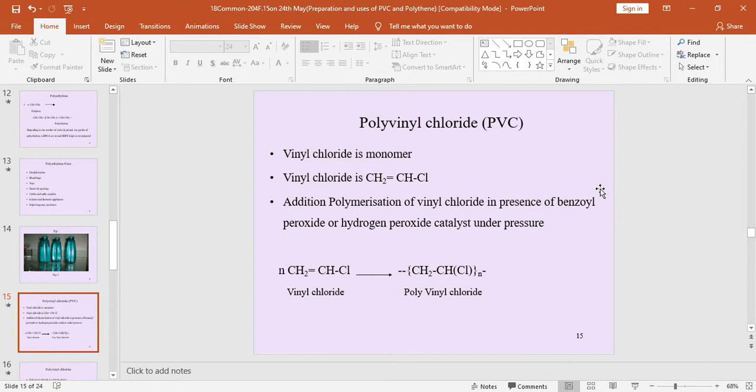Note it down. Okay, this is PVC preparation.